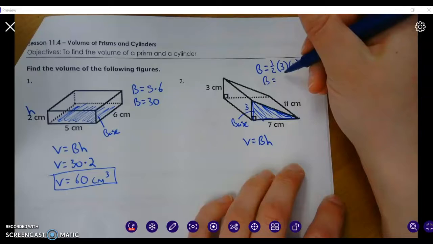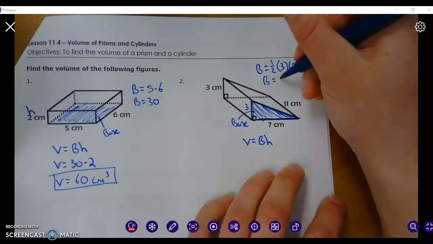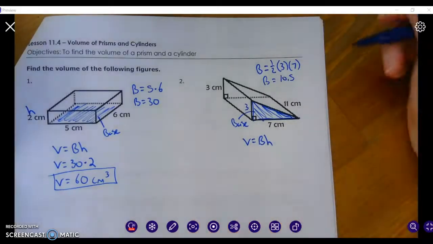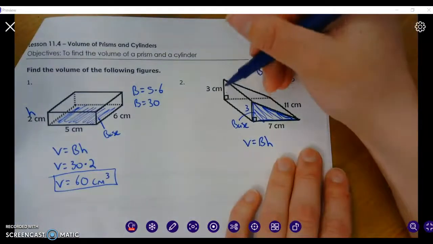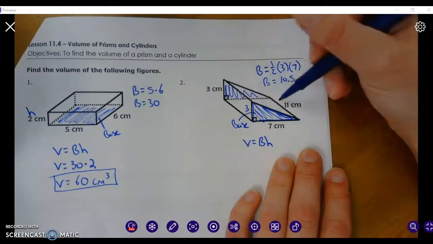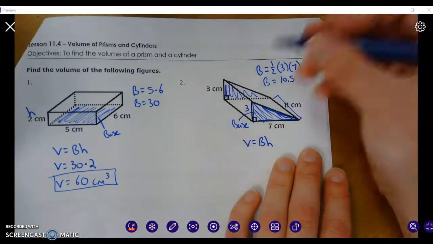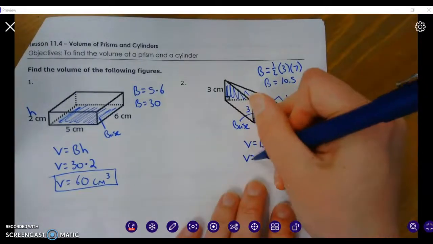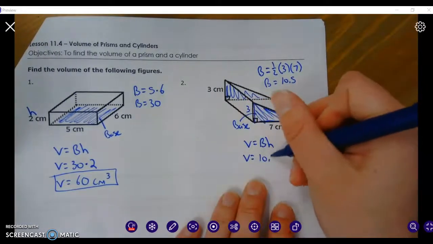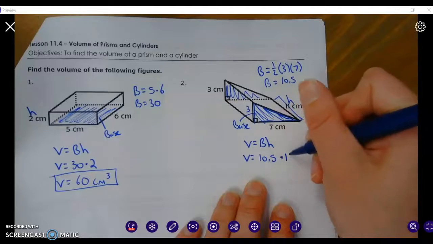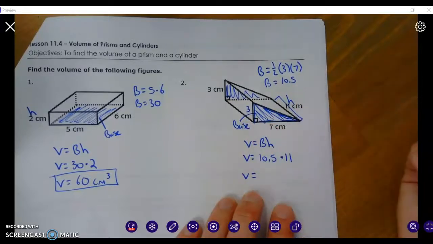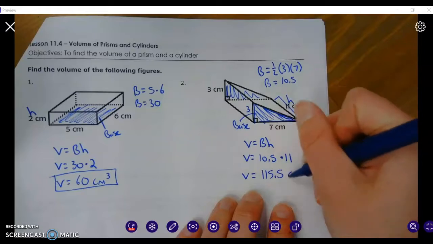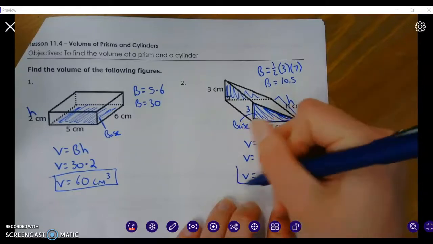So my B is 10 and a half. And then my height is what connects my 2 bases. So my height is 11. So we're going to plug both of those in. So we have 10 and a half times 11. So our volume is 115.5 centimeters cubed.